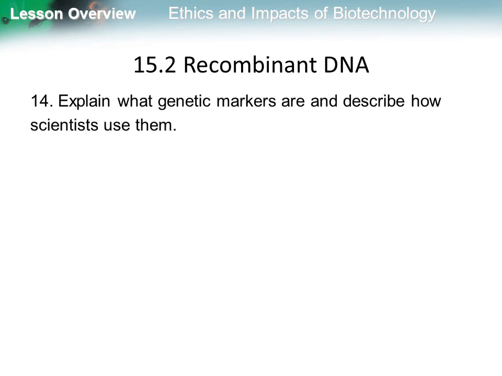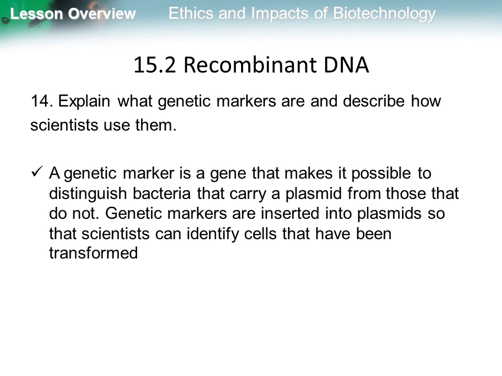Question number 14. Explain what genetic markers are and describe how scientists use them. A genetic marker is a gene that makes it possible to distinguish bacteria that carry a plasmid from those that do not.